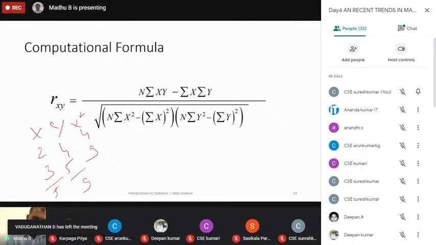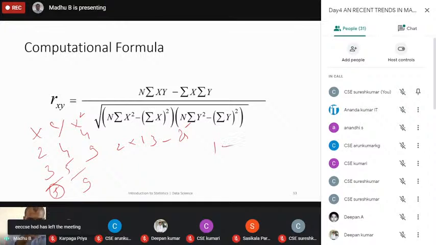Summation of x squared is 4 plus 9, 13. N is 2. So 2 into 13 minus summation of x whole squared. What is summation of x? Summation of x is 5. Summation of x whole squared is 5 squared, 25. So 26 minus 25, which is 1.